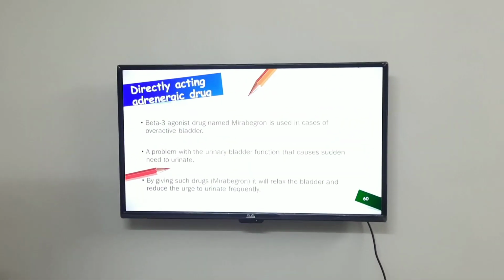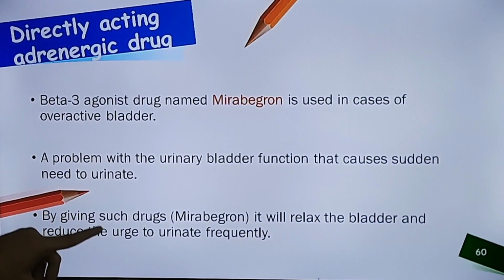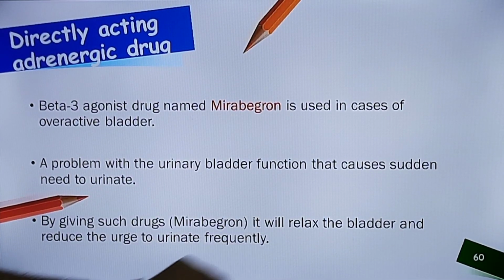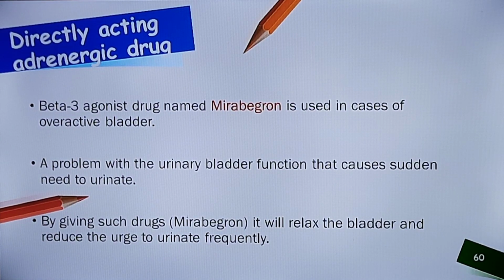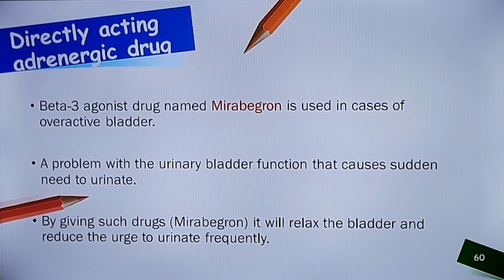The name of that particular drug is Mirabegron. So by giving such a drug, it will relax the bladder and reduce the urge to urinate frequently. Remember, this is a new drug which the scientists have found, and this is very important, it has been asked many times in MCQs.